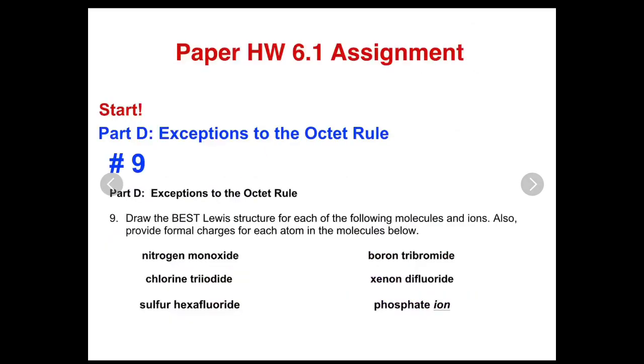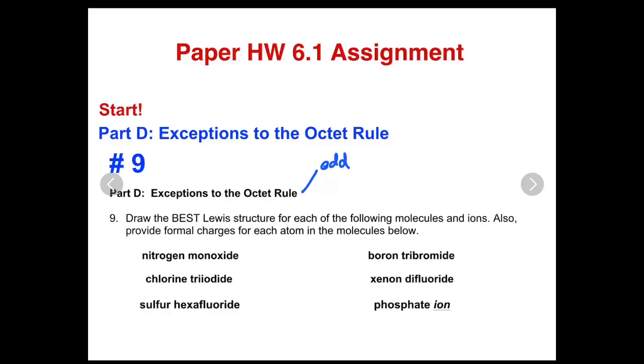Okay. All right, up until this point, you should be able to start working on paper homework 6.1 part D number 9, which is asking you to draw the Lewis structure of this part, which would be part of the exceptions to the octet rule, which means that some of those elements don't need to have an octet. Okay, and those rules that we already looked at, right?